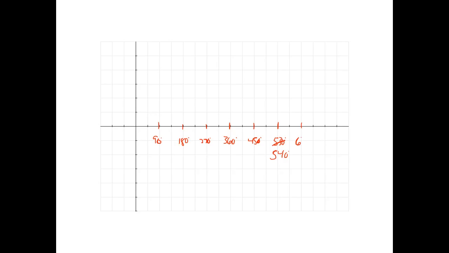Sorry about that. 630, 720, 810. Parent graph had a point at 0, 1, 90, 0, 180, negative 1, 270, 0, 360, 1. So it looks like that. Let me draw a little bit more of this.